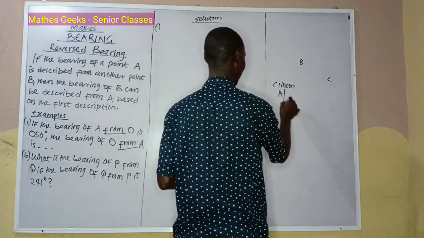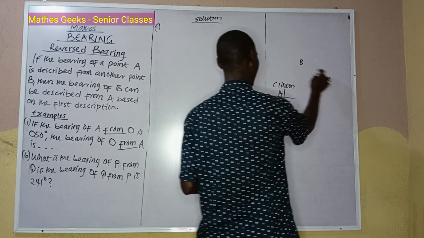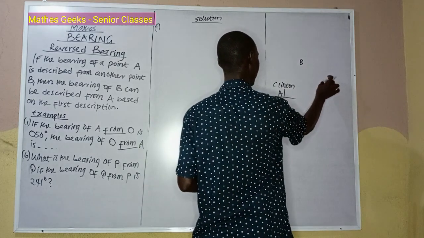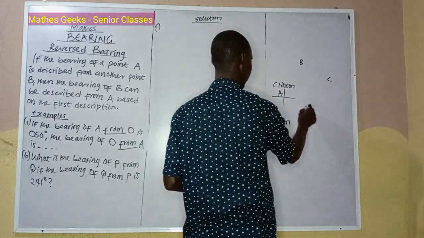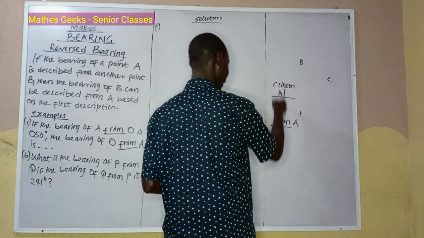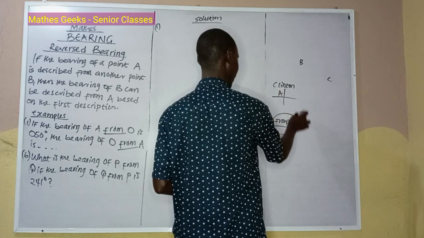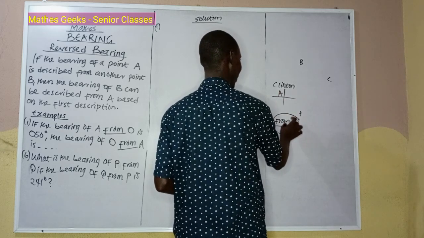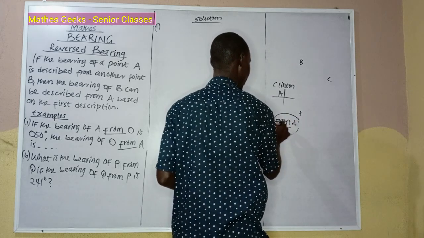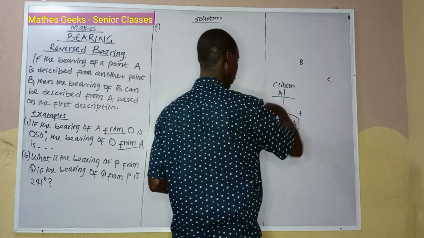If we put our cardinal point here, which is point A, it means that for the bearing of C from A, your reference is from A. Because the word from goes with point A, the cardinal point you're going to plot is at point A. Anywhere you see this word from, the point that comes after the from is where you are starting, or where you're going to plot the bearing.